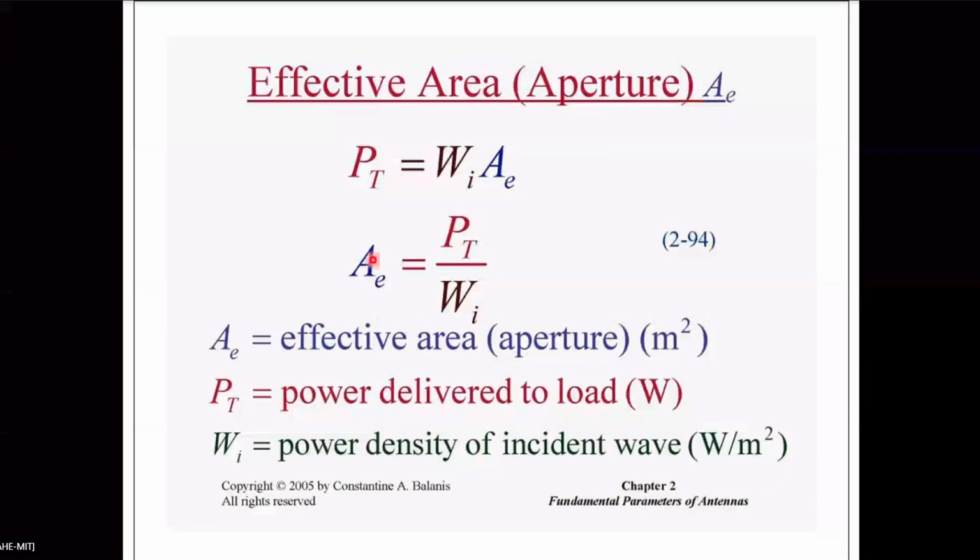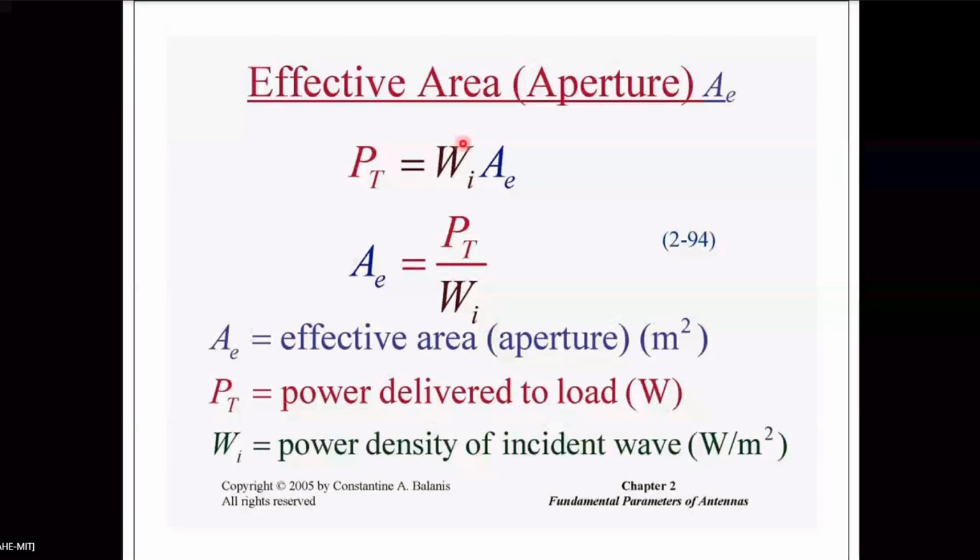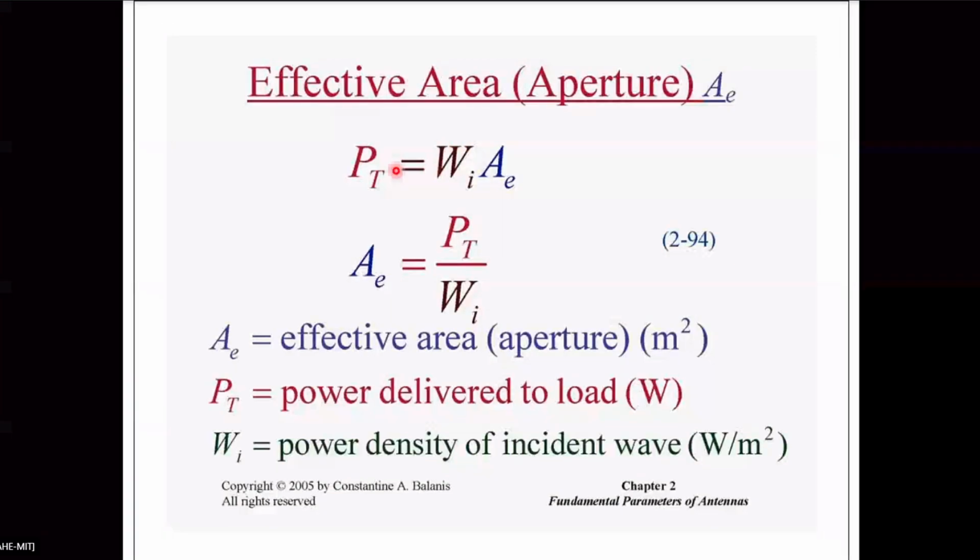What is WI? WI is the power density of the incident wave. You have studied about WI, no? W is power density, power per unit square.